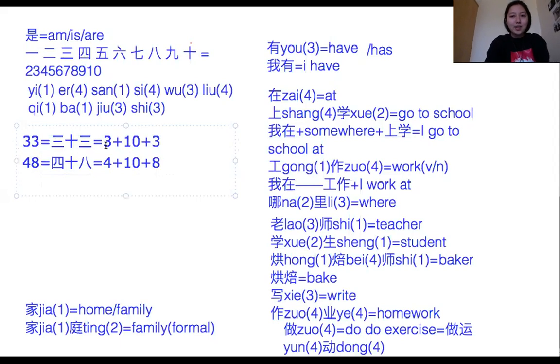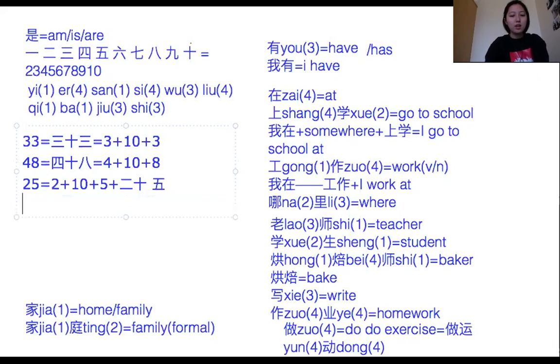So how do you say 25? That should be 2 plus 10 plus 5: 二, 十, 五. That's 25.